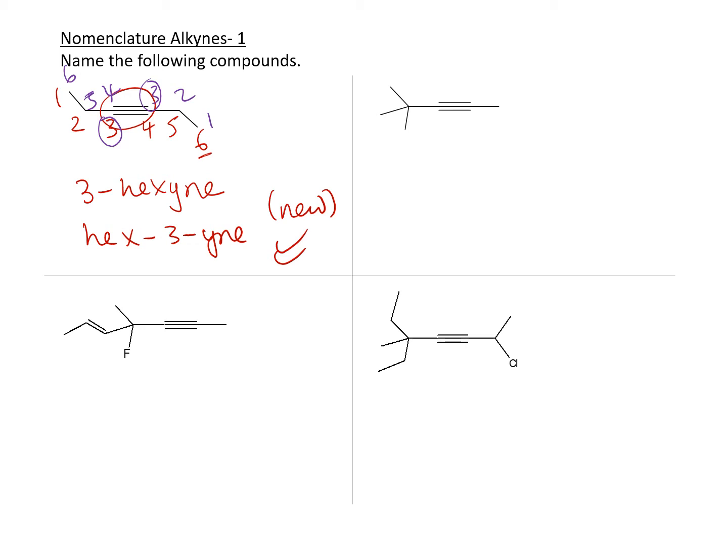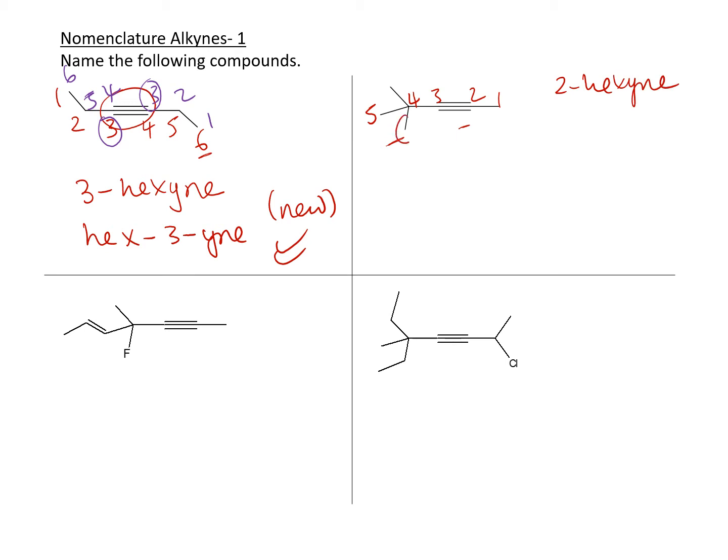So here we have some branching going on, and we also have a triple bond. Always start from the triple bond. So here we go. 1, 2, 3, 4, 5. The goal is still to find the longest chain, including the triple bond. So in this case, this is going to be 2-hexyne. That's the base.